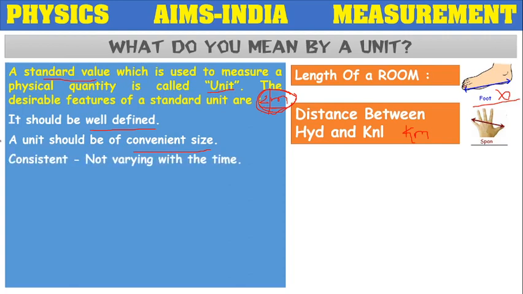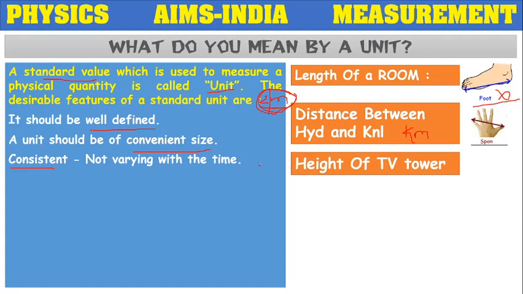Next, it should be consistent. It should not vary with time and space. Suppose I want to measure the height of a tower, and I have measured it with a cubit. After 5 years, I came again and measured the height of the tower with the same cubit. Will it be the same both times?